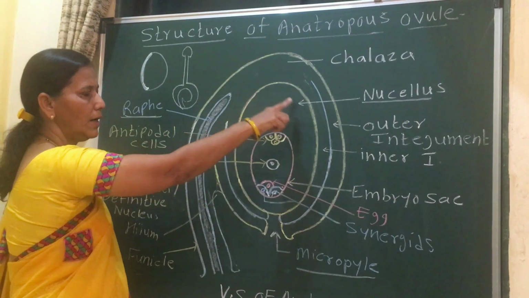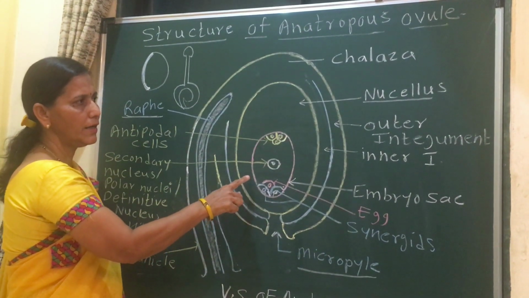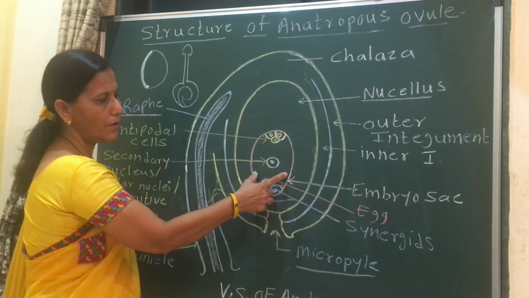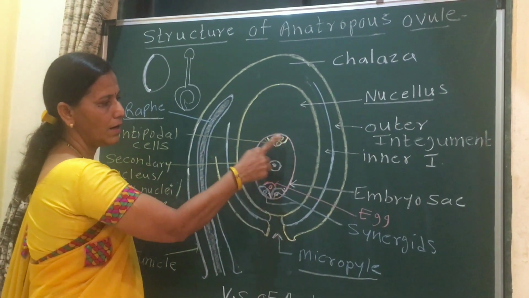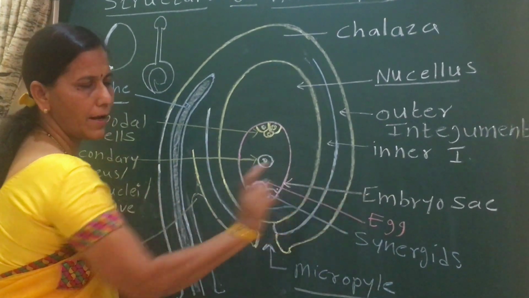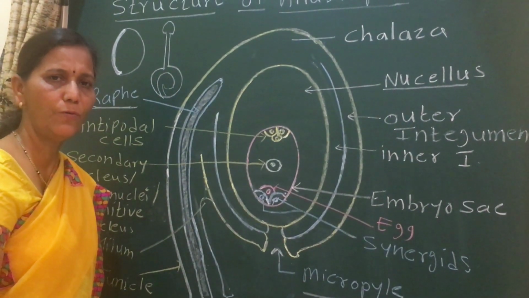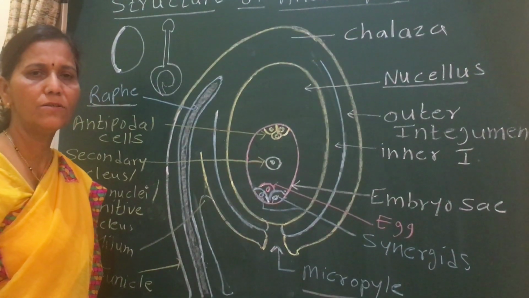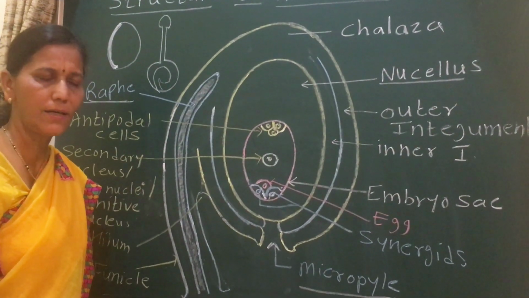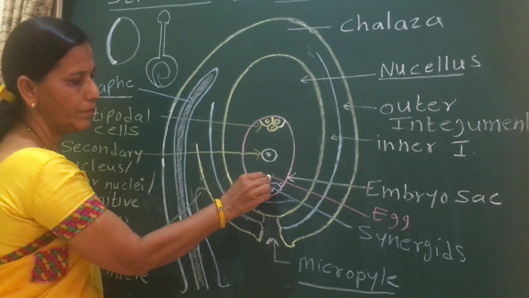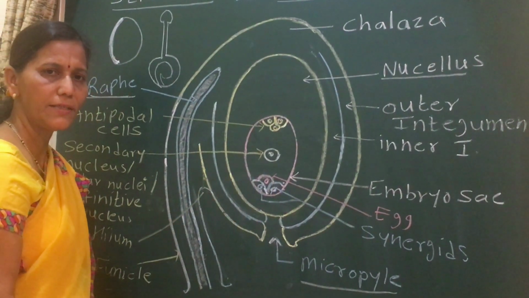Then on the inner side of the nucellus there is an embryo sac. This structure is called as embryo sac. It is also called as female gametophyte, or female prothallus, as it contains the female gamete called egg.